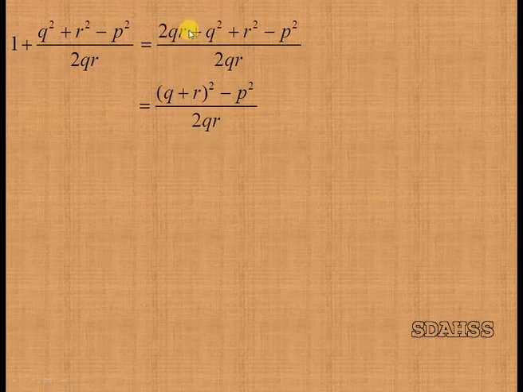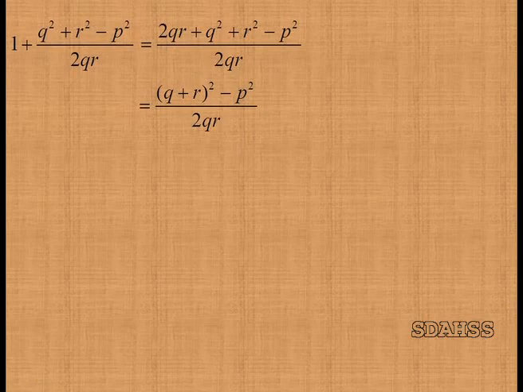The first three terms are in the form of a square plus b square plus 2ab, so this can be written as a plus b whole square, here q plus r whole square, minus p square divided by 2qr. Now the numerator is in the form of a square minus b square. A square minus b square can be written as a plus b into a minus b.